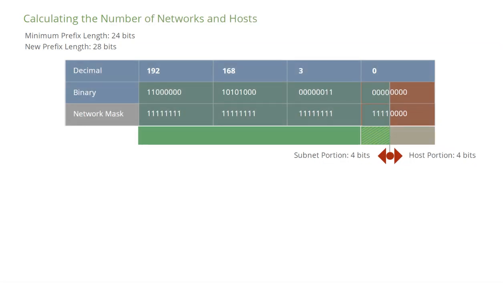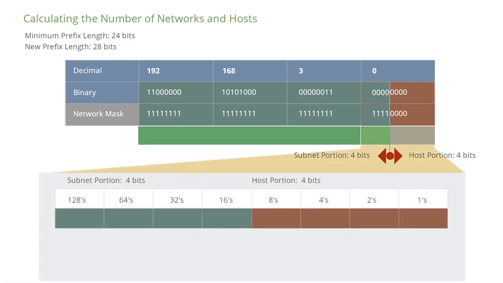Now let's take a look at how you would actually calculate the number of networks and number of hosts within a network. Let's use our power of 2's table again to help us complete the calculation. First, we'll divide the 8 bits of the last octet in half, allocating 4 bits for network bits and 4 bits for host bits.